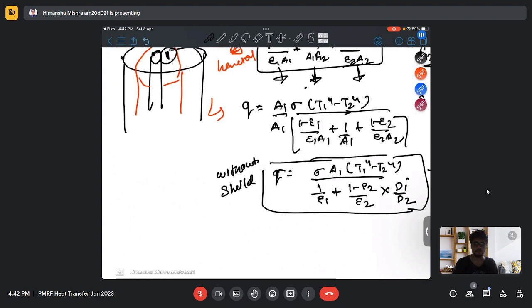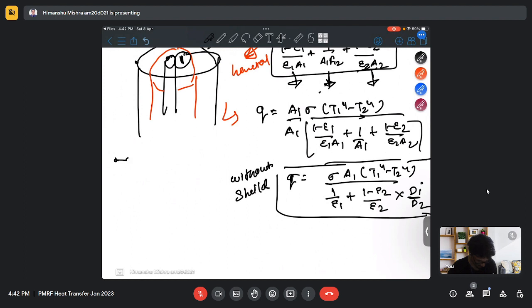And using the resistance analogy, this is my exchange from 1 to 2, and this is my space resistance, and this is the exchange from 2 to 1, without shield.